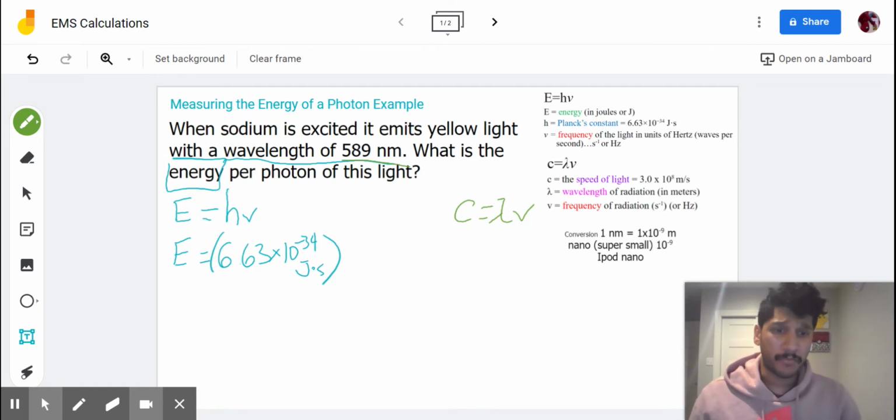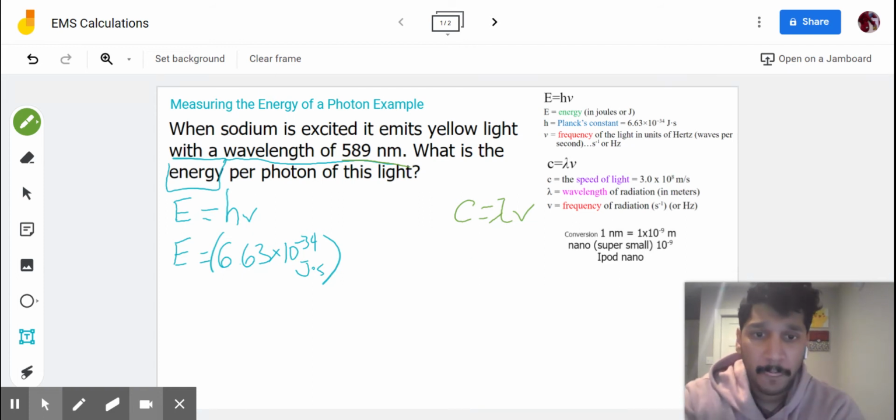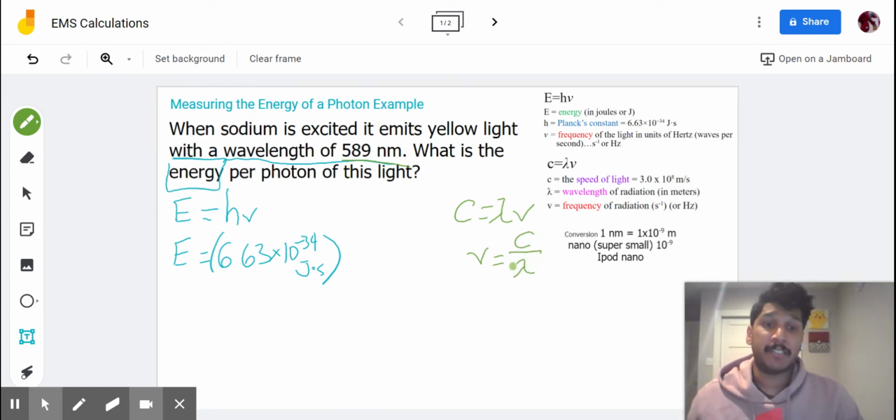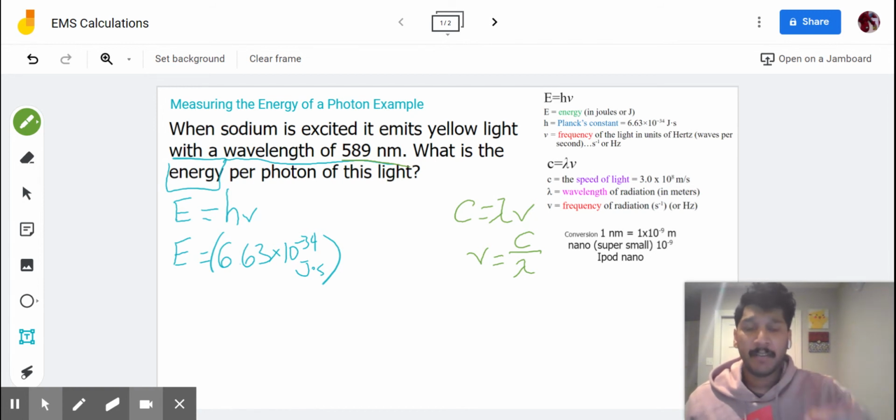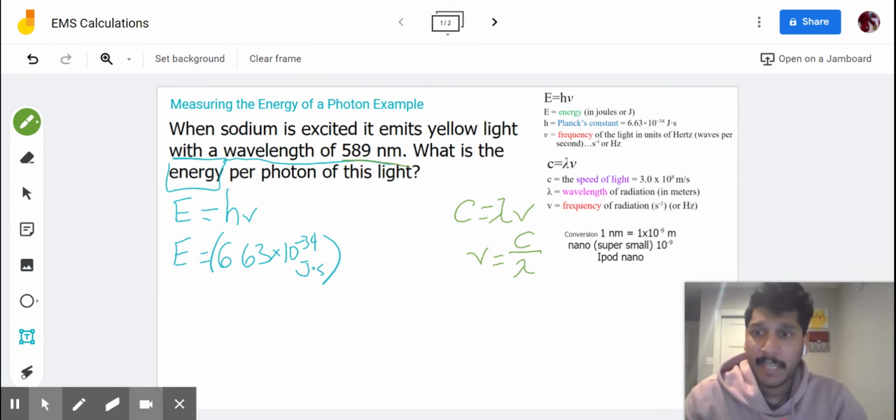We're looking for the frequency, and frequency and wavelength are right next to each other, so to isolate that variable, I can divide both sides by the wavelength. So I get frequency equals c divided by wavelength. Nothing too fancy, just some algebra. It eliminates the wavelength on my right side and gives me wavelength underneath that c.